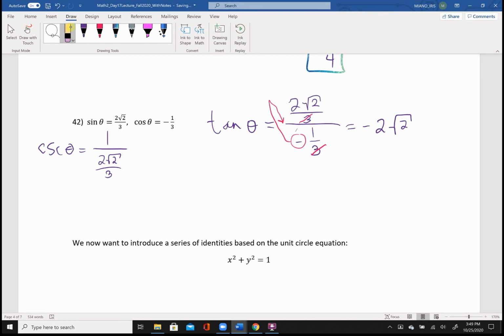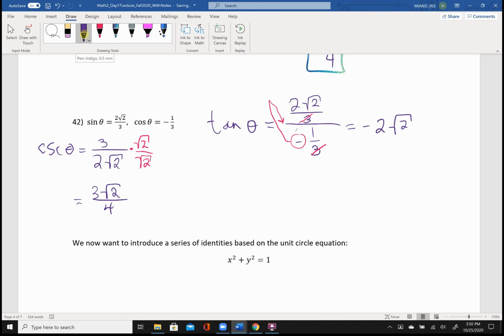In fact, let's think about this a little bit differently, at least in the first step. Let's just take the reciprocal of this right off the bat. And then we recognize that we need to rationalize the denominator. So multiply it by a fun 1, √2/√2. These √2's will multiply to give you a factor of 2 down below, multiplied with the factor of 2 that's already there. And therefore your cosecant of theta becomes 3√2/4.